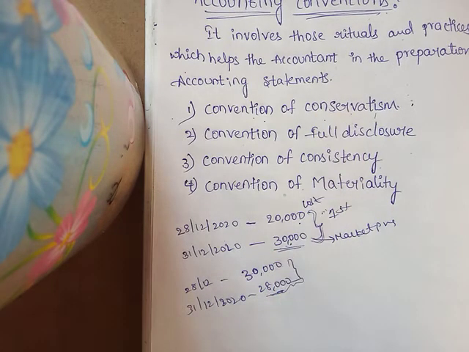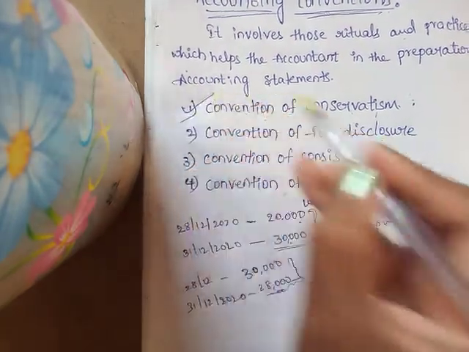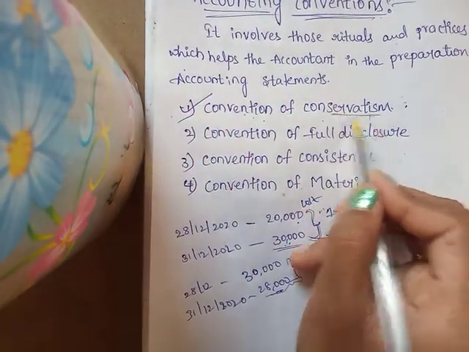According to this convention, the financial position is not shown truly. Why? Because we record whichever price is lower, so automatically our net income will be lower, and assets or liabilities will be understated. Okay, so this is the convention of conservatism.